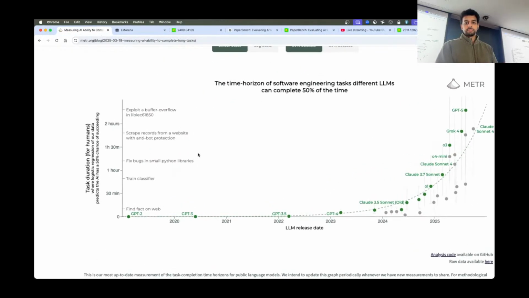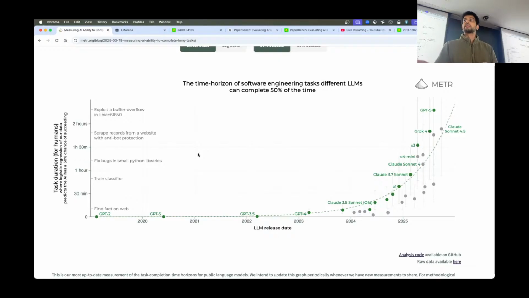This is another one specific to software engineering. This is the time horizon of software engineering tasks that different LLMs can complete 50% of the time. You see that finding a fact on the web is a very low effort task. Training a classifier, someone could do in under an hour. Then fixing bugs in small libraries, exploiting a buffer overflow. So they're getting more and more complicated.